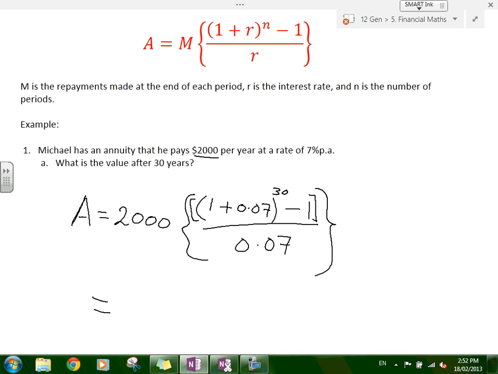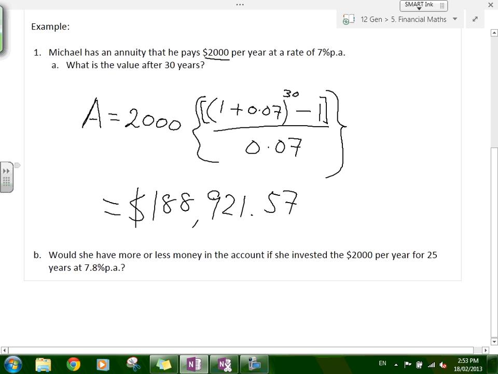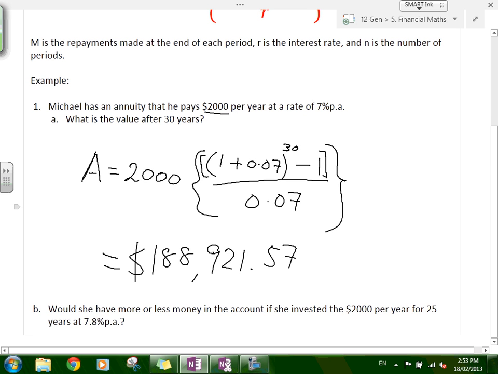The answer is $188,921. If you didn't get this answer, you need to figure out where you went wrong and find it.